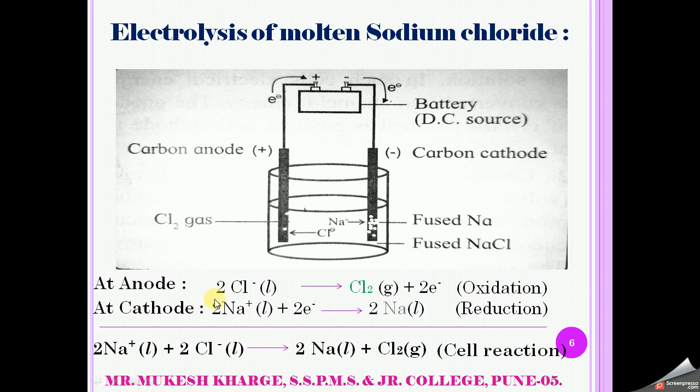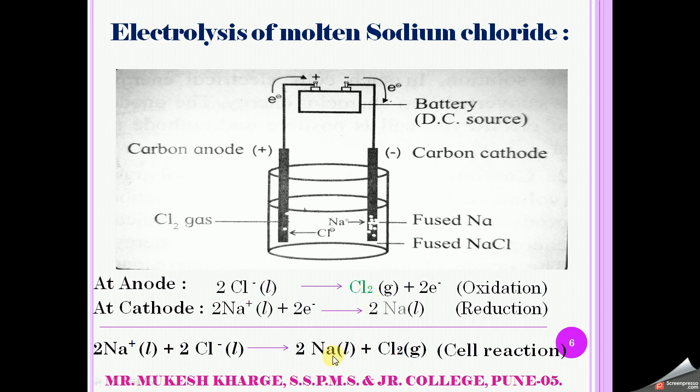If we combine these two half-cell reactions, left hand side is added to left hand side, right hand side is added to right hand side. So 2 Na plus combined with 2Cl minus, then the 2 electrons cancel with the 2 electrons, and on the right hand side we get 2 Na liquid plus chlorine gas.